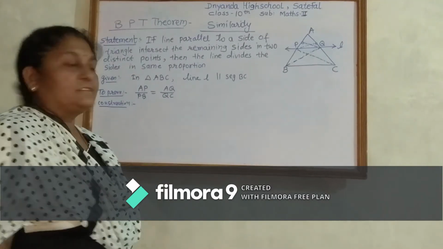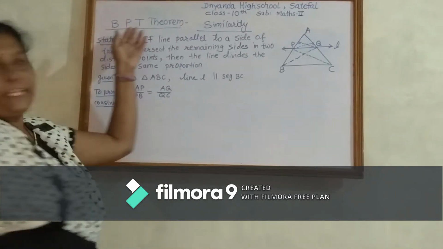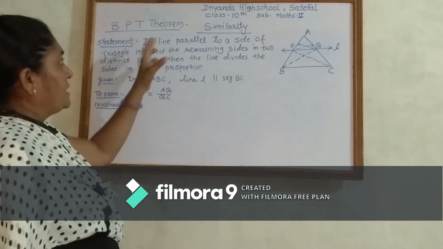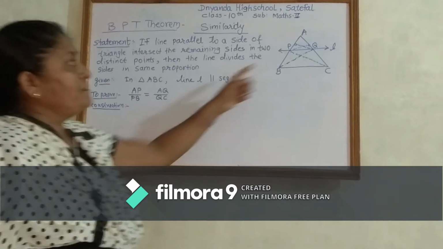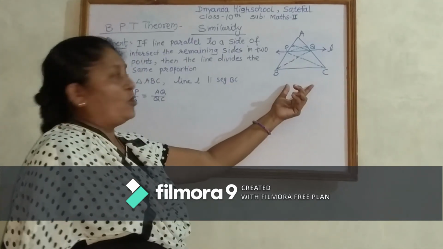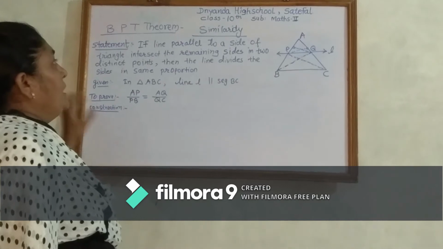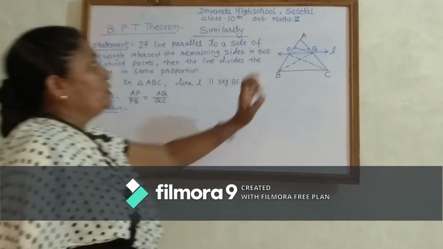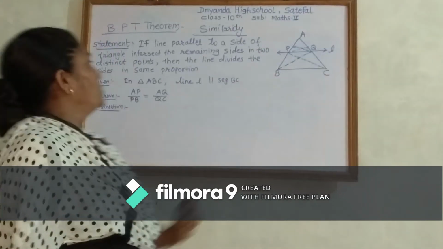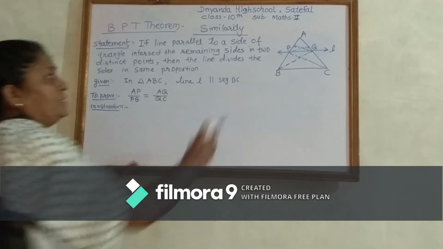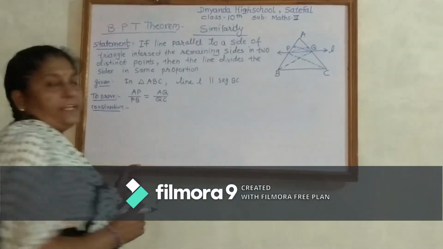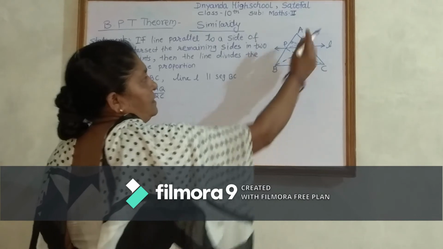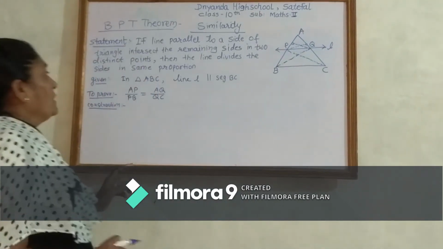Now it's time to study the BPT theorem, the basic proportionality theorem. The statement is: if a line L is parallel to any side of a given triangle and intersects the remaining two sides AB and AC at two distinct points P and Q, then the line L divides the sides in the same proportion, that is, AP and PB, AQ and QC.